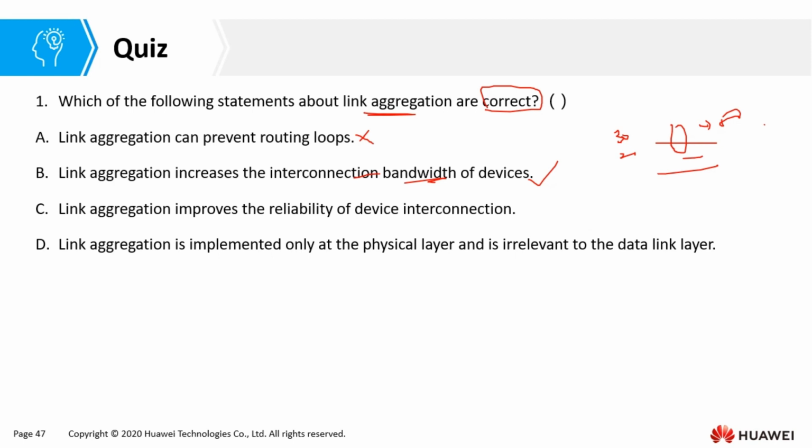So correct. Link aggregation improves the reliability of device connections? Also correct. Link aggregation is implemented only at the physical layer and is irrelevant to the data link? No, because it represents a logical link, it is also under layer 2. So answers B and C are correct.